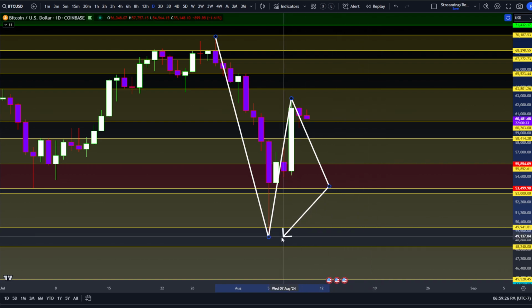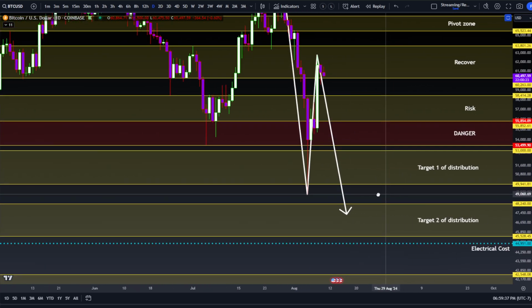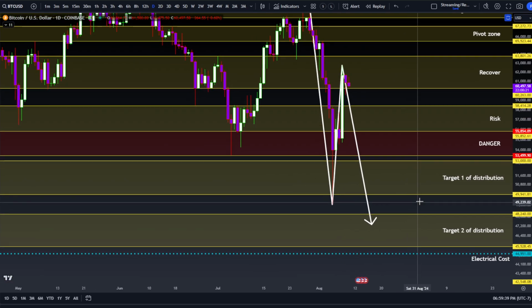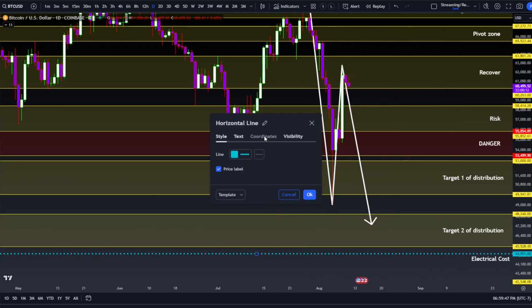But if it breaches this low here, then we're just looking for continuation. So if we put in a lower high and it busts through all these levels and heads down into target 2 of distribution on the daily, that would be what I call the 48 to 45 level. Electrical cost is now inside of $45,000.